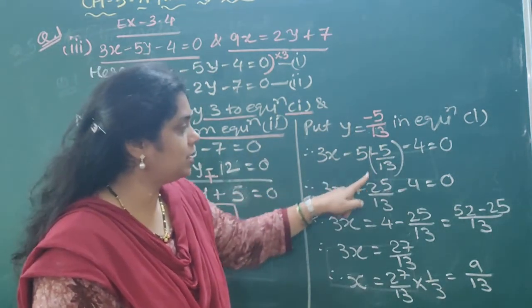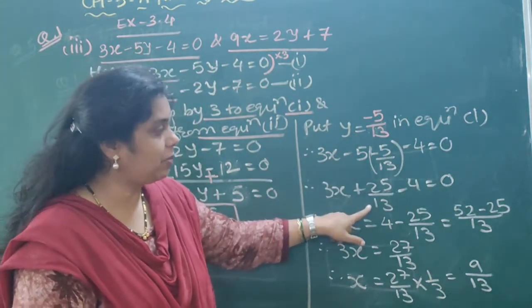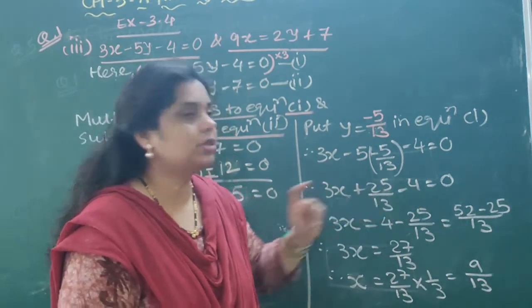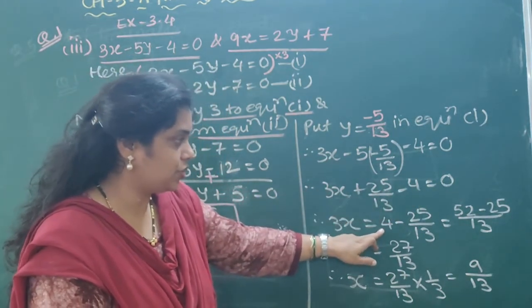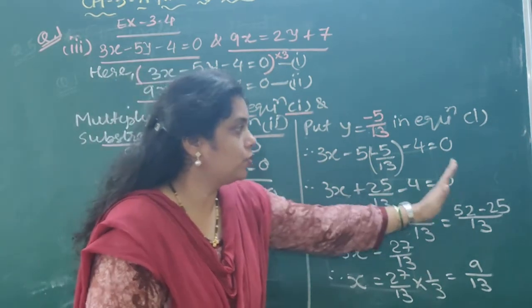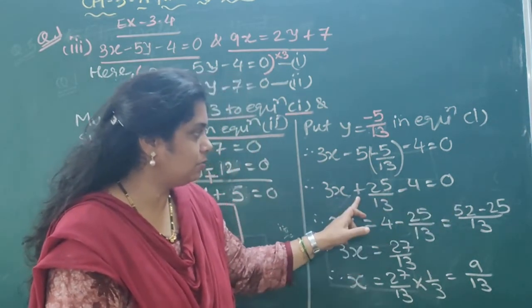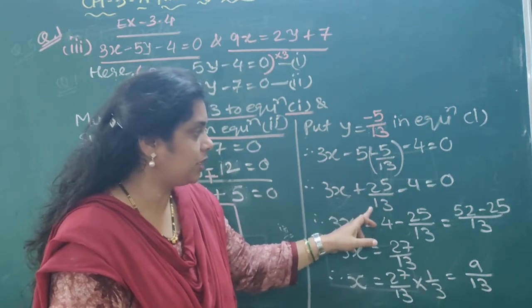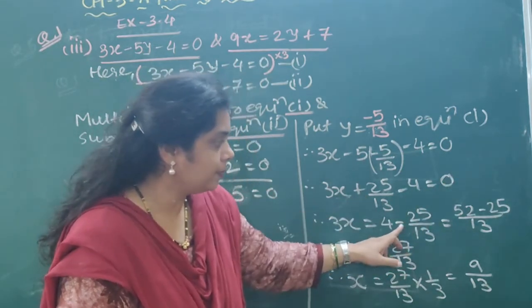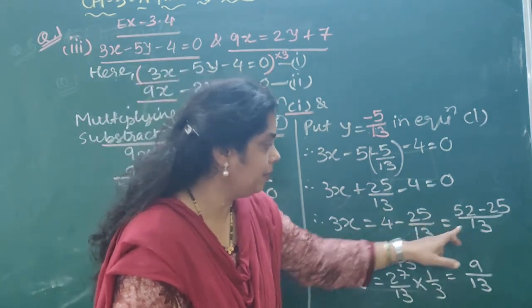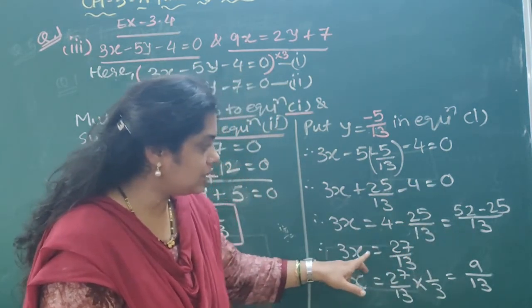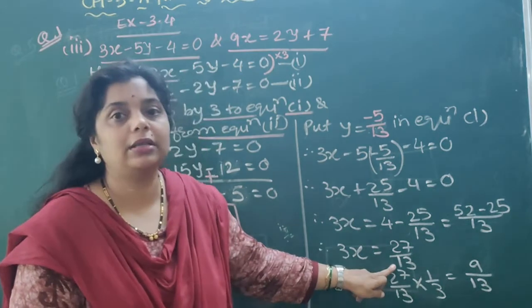So minus minus becomes plus, 25 by 13 minus 4 is equal to 0. After simplification, this minus 4 goes to the other end, so it is plus, and this plus 25 by 13 again goes to the other end, minus 25 by 13. After taking LCM, I got 3x is equal to 27 by 13.